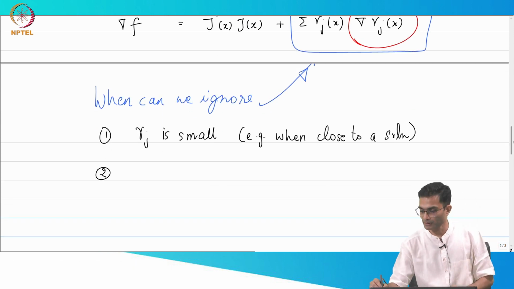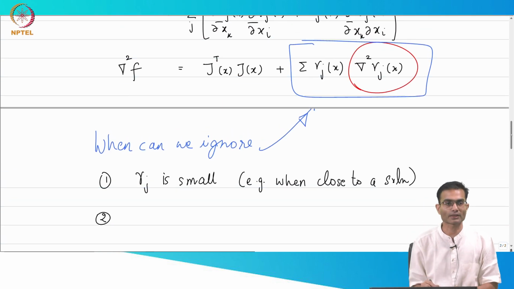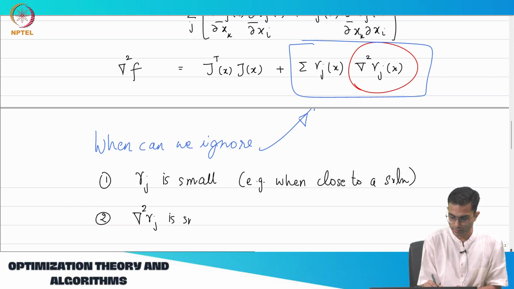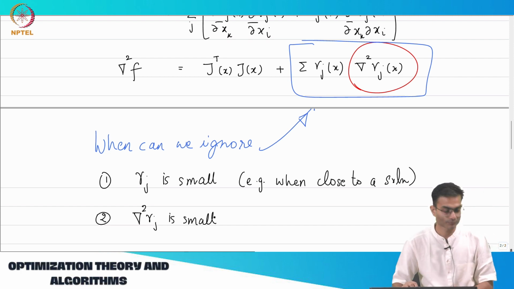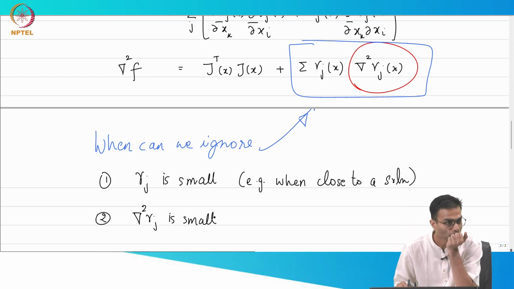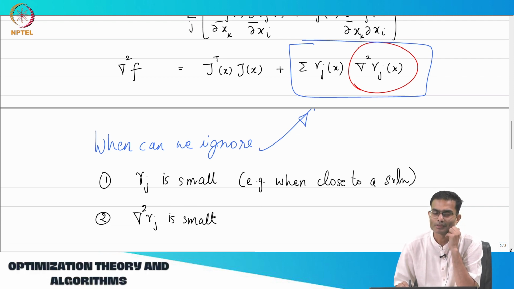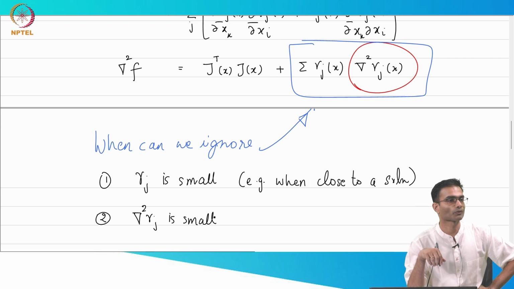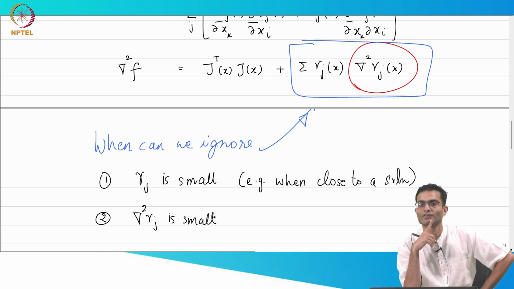Any other possibility? The second term, right? When does this happen? When will del squared r be small? I mean, you already know the answer. If you were to take a common sense guess, when is this second term going to be small in magnitude? Supposing your model was linear.